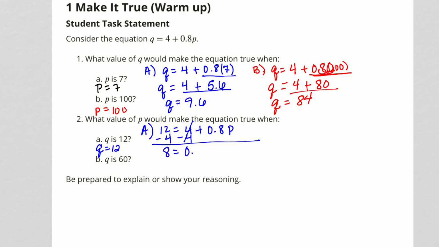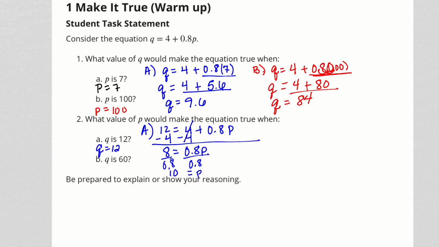We're left with 0.8 P. Then the last thing to get the P by itself is to divide by 0.8 on both sides. And 8 divided by 0.8 is going to be 10.